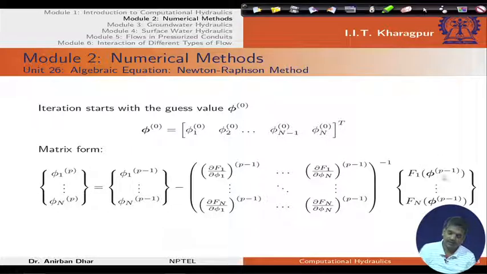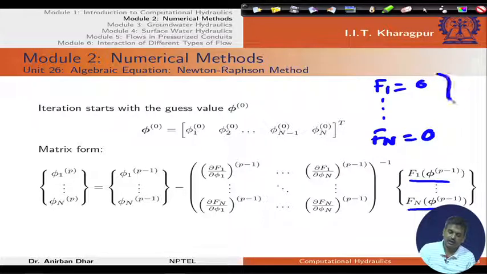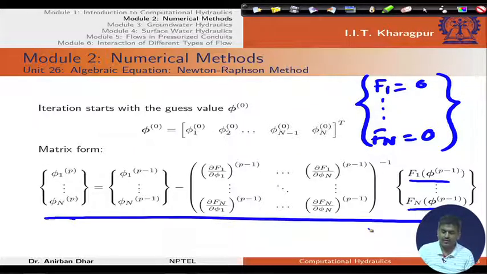These are individual functions, f1 to fn, which should be 0 as per our consideration, but obviously there will be error and we need to update the value using this expression.